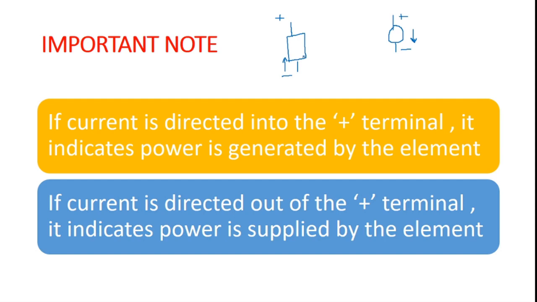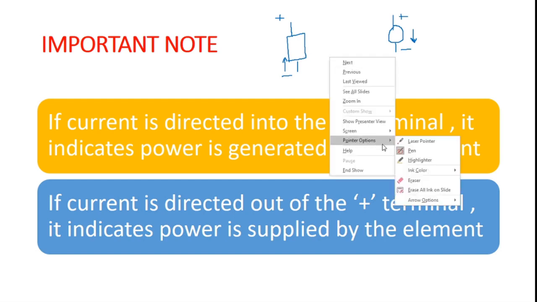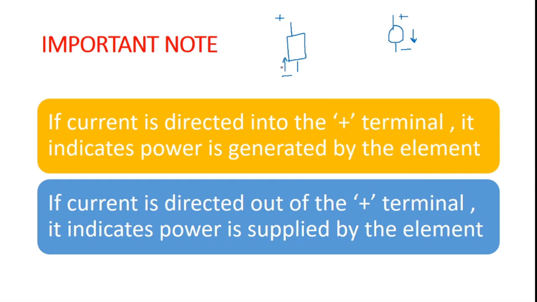I'll make my point clear once again. If the arrow mark is directed into the positive terminal, then we can say that this element generates the particular power.